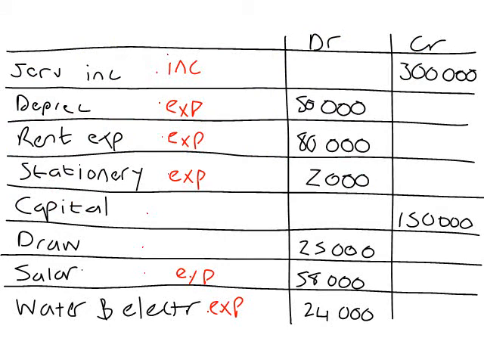Well, first off, we need to ensure that our services income becomes more by 25,000 Rand. Reason being, we received money during the year, but it has not yet been taken into account. Okay, that is for point number 2. I know I'm skipping over points and so on, but I'm just working from the top to the bottom. The next account is capital.